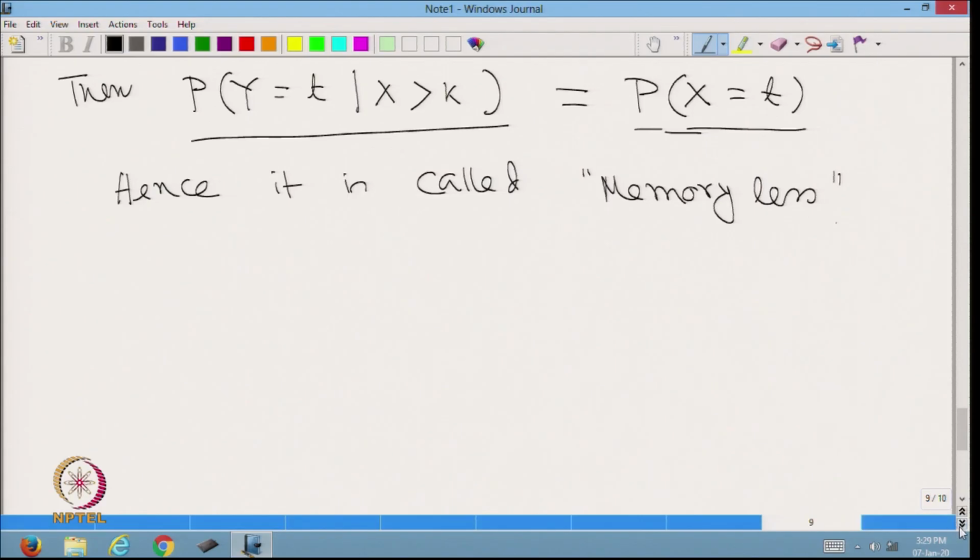So, let us prove that. What is the probability of event E?